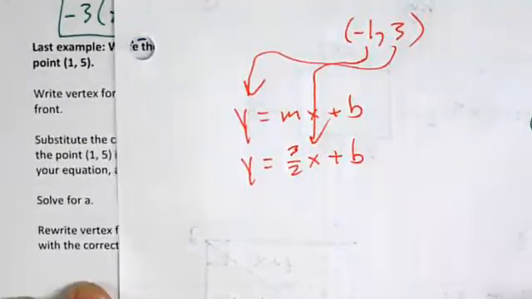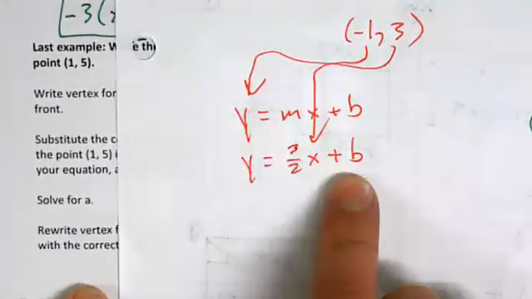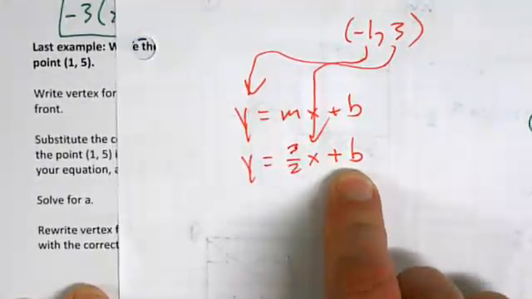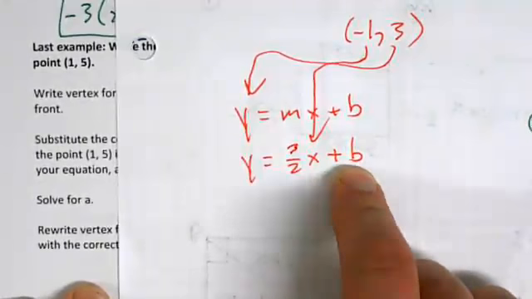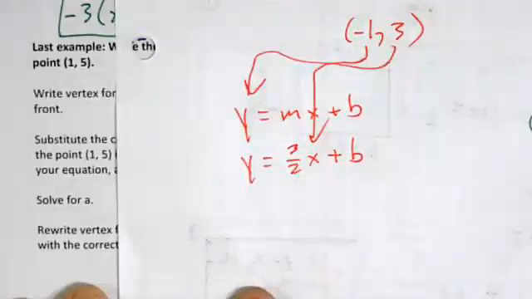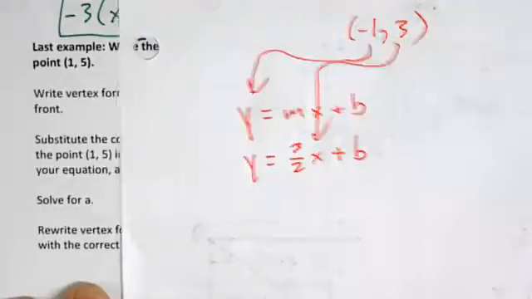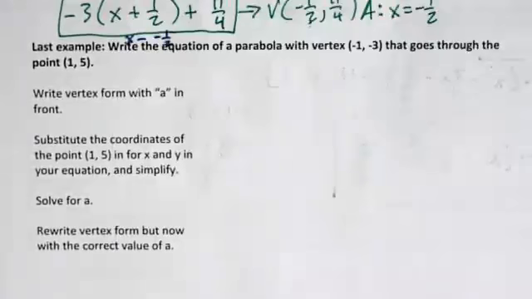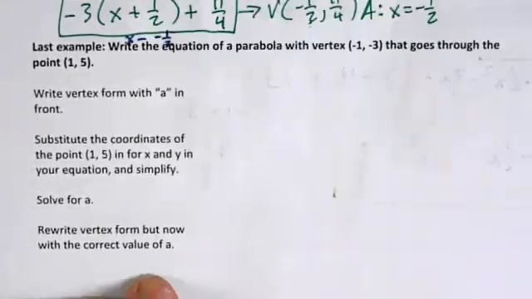So this idea of, I'm going to write as much of the equation as I can, but if I still have a variable that I don't have filled in, don't forget, you can always plug an x and a y value from a point in to solve for that last variable. So we're going to write an equation for a parabola.